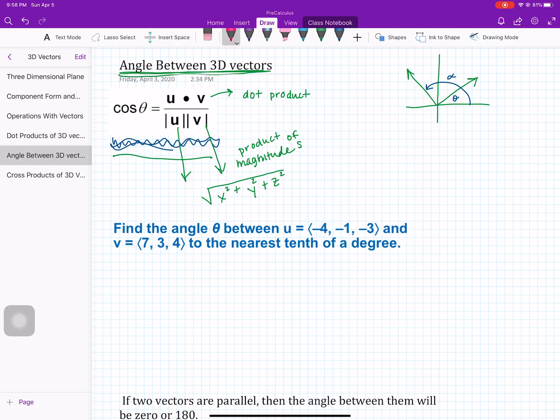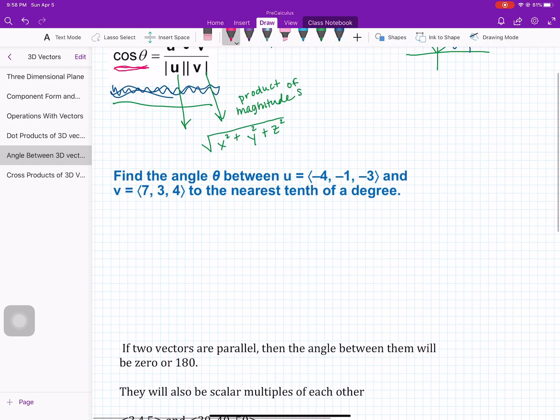Again, be aware that this is the cosine of the angle is equal to the dot product over the product of the magnitudes, meaning that you're going to have to probably use an inverse cosine at some point.